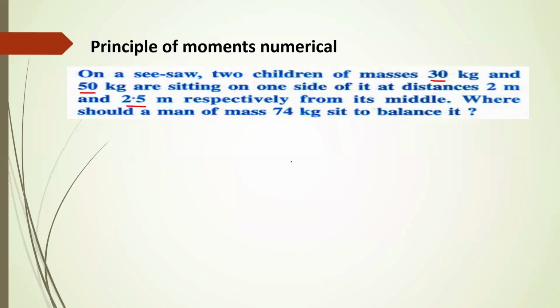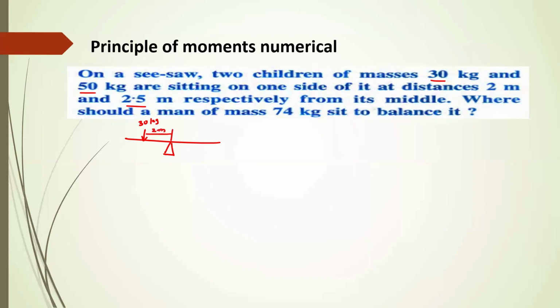So to understand this question, first of all, we will draw a rough diagram. So let us assume this is the seesaw and consider that the two children here are sitting on the left side of it. So here, let me draw. First is a 30 kilogram acting at 2 meters from the pivot.